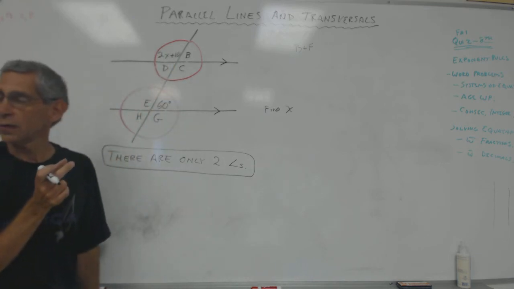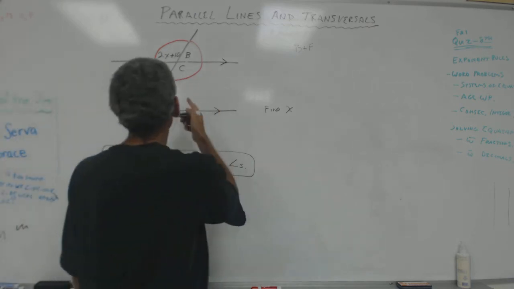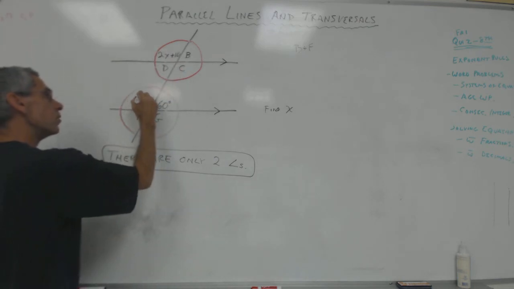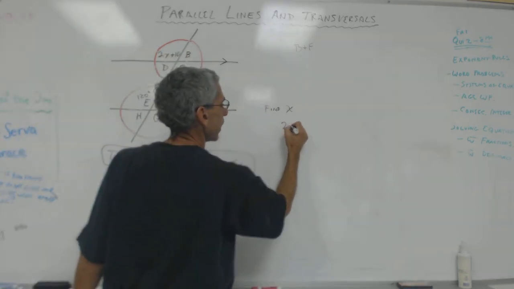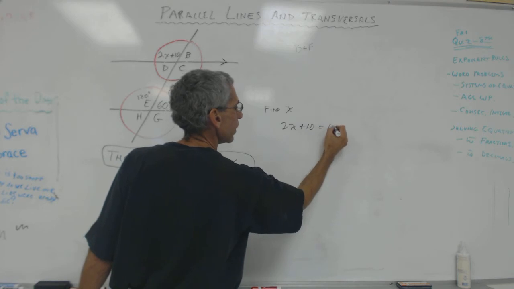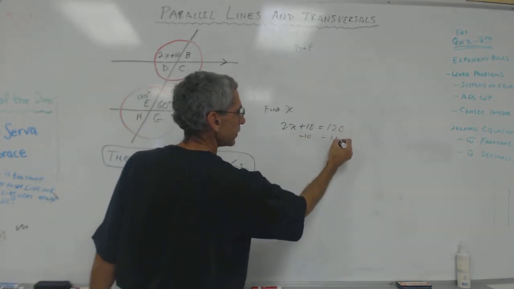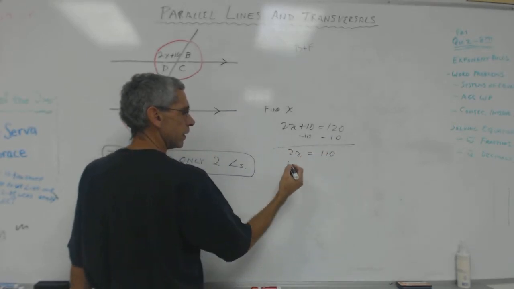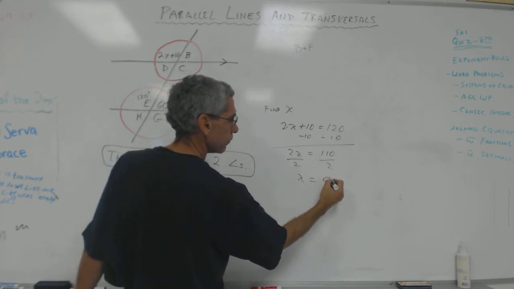We know that this angle is the same as E. This is 120 degrees. Therefore, 2x plus 10 equals 120 degrees, right? Which then we subtract 10, we have 2x is equal to 110, and then divide that by 2, so we got x is equal to 55.